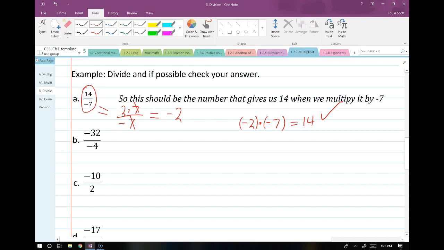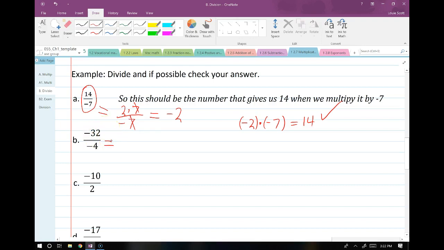All right, for the 32 over 4. When we have the double negatives, remember the rule is when you're dividing or multiplying by a double negative, they go away and give you positives. So we can simplify this, and on the next step, the negatives can just go away.